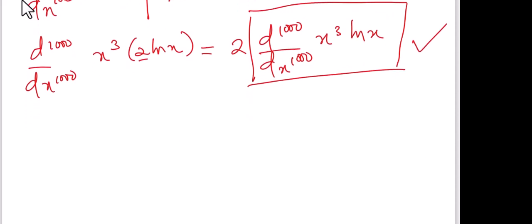So we can deal with this part, and when we finish, we multiply the whole thing by 2. Okay, so right now let's start and see how we are going to go about it.